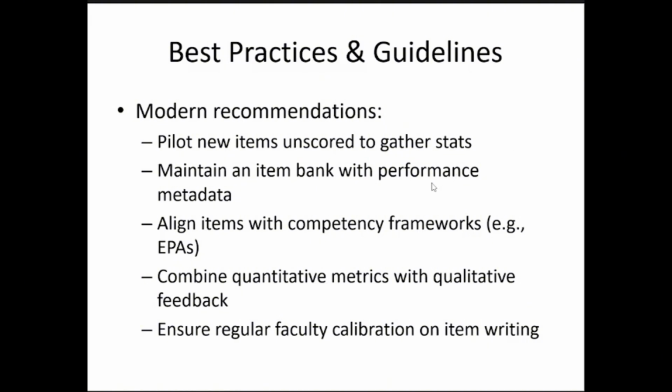The second thing is that the item bank should be maintained with performance metadata, and the items should be aligned with competency frameworks such as the EPAs, the entrustable professional activities. Ensure regular faculty calibration on item writing.